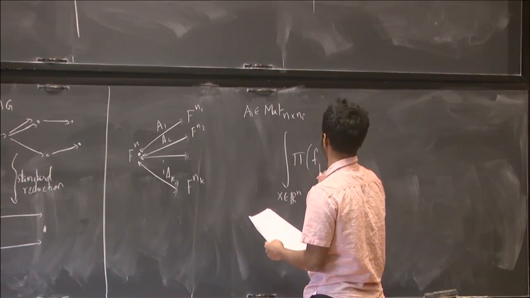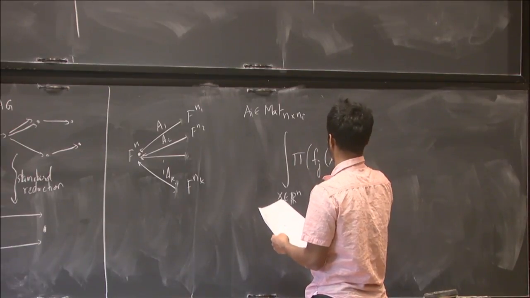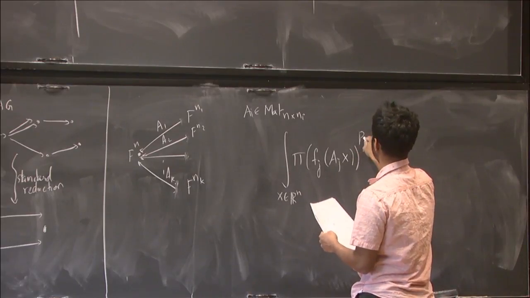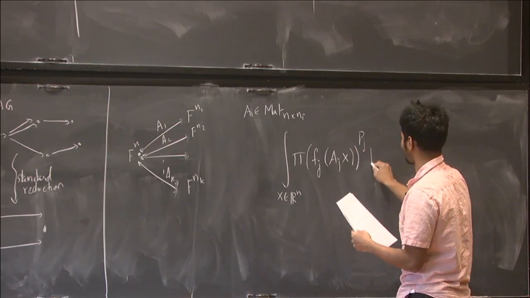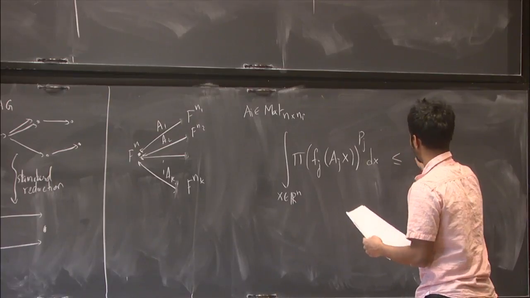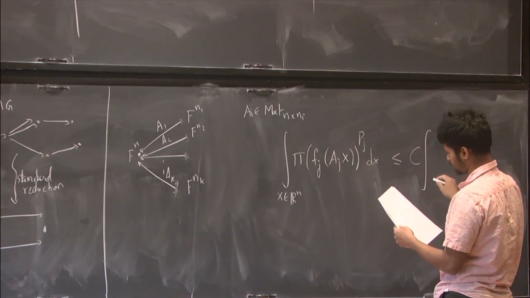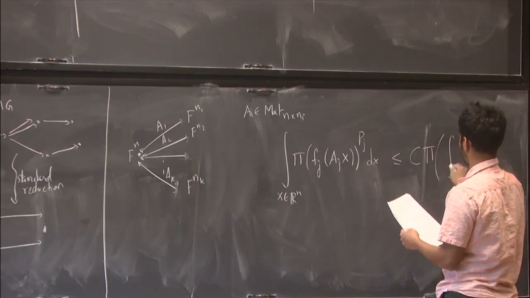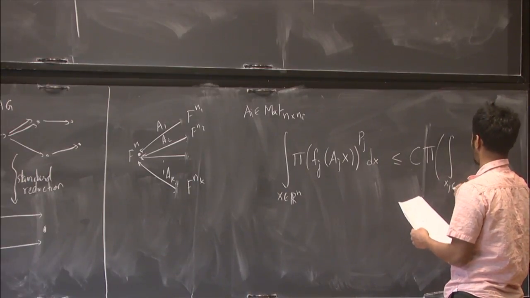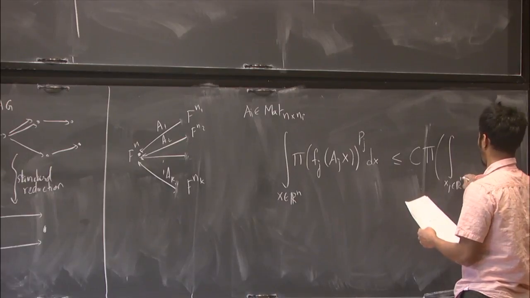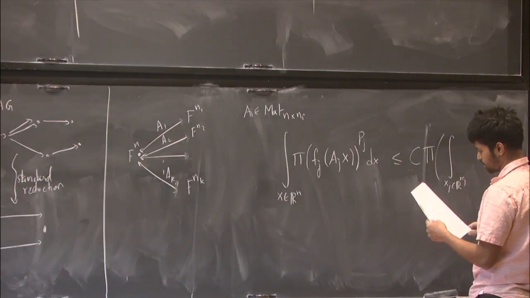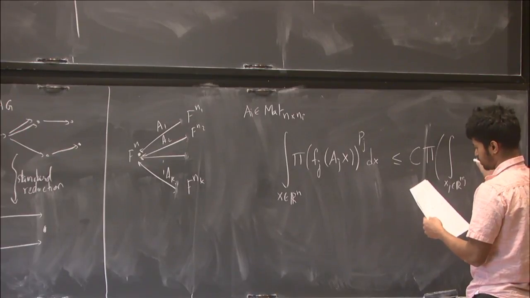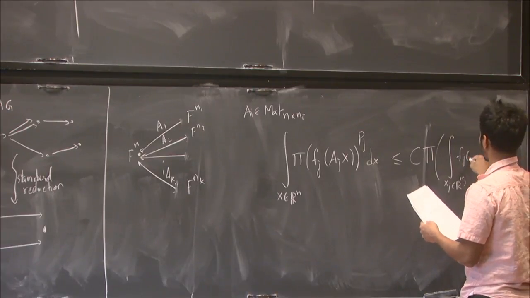Product of fj of Aj x to the pj, okay, now let me write it down and then I'll explain what these things are, is less than or equal to some constant times product of integral of xj in R^nj of fj of xj dxj.